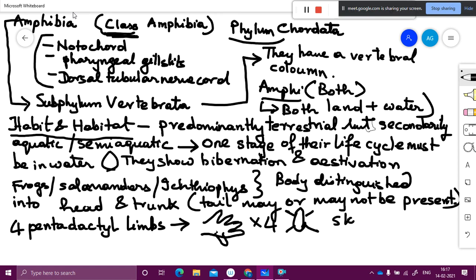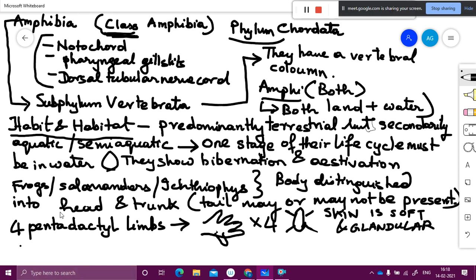Their skin is soft and glandular. Lots of glands and secretions come out from their skin.